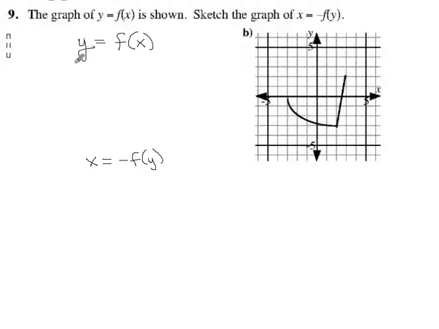So, as before, two orders we could use. We could swap x and y, which would land us on x equals f of y. Oh, sorry. As before, this negative belonging to the function is not really what I want.